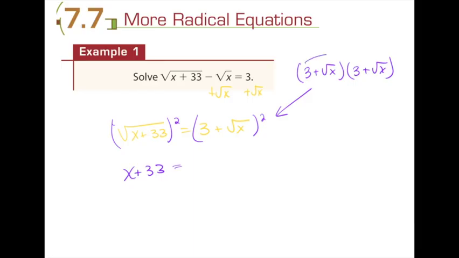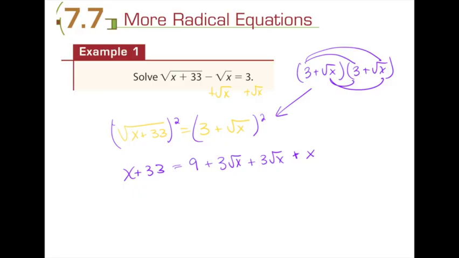On the right-hand side, you're going to get 3 times 3 is 9, 3 times square root of x, square root of x times 3. I said that backwards. And then you are going to get square root of x times square root of x, which is just x, okay? Everybody see that? So you have to FOIL it, all right?